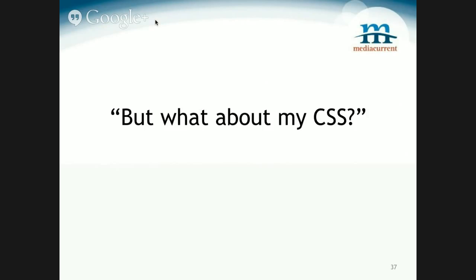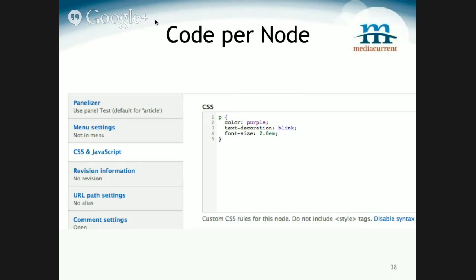So the final last thing is, one of the original requests that we came across was, I want to be able to control CSS on this one page. We need to paste in the CSS that our designer or our art staff person came up with. So there's another module that can work well with this called Code Per Node.